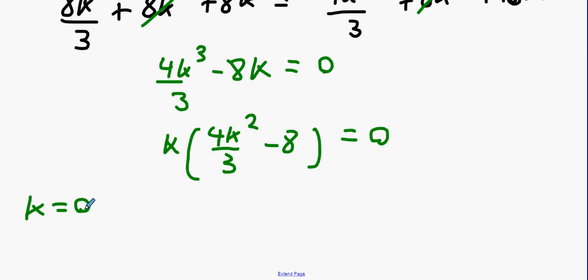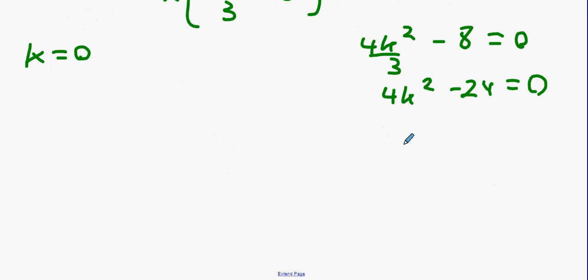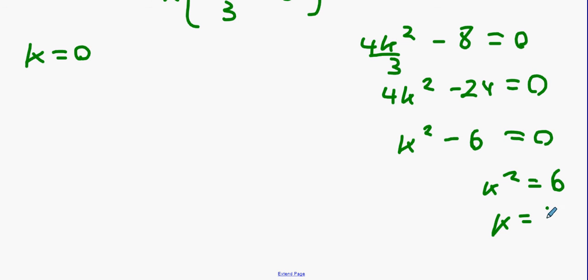Now we have to solve 4k squared over 3 minus 8 equals 0. Common denominator of 3, divided by 4. K squared equals 6. K can equal plus or minus root 6.